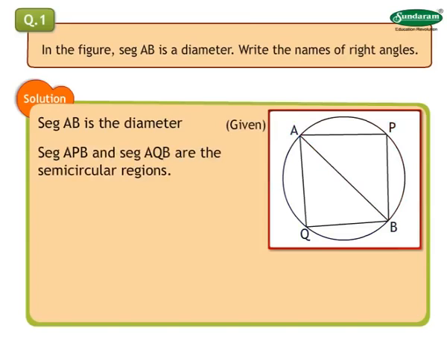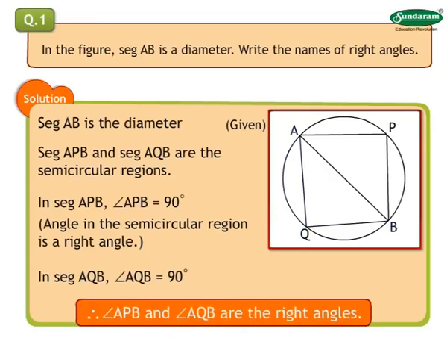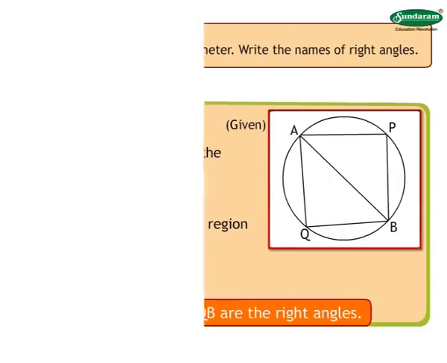We know that the angle in the semicircular region is a right angle. In segment APB, angle APB is a right angle, and in segment AQB, angle AQB is a right angle. Hence, angle APB and angle AQB are the right angles.